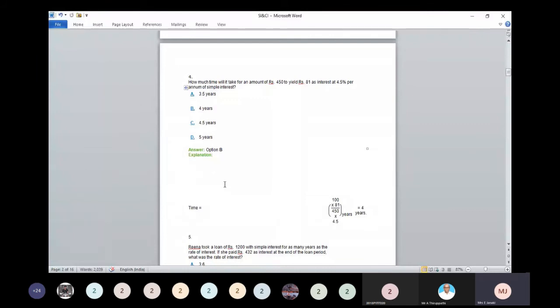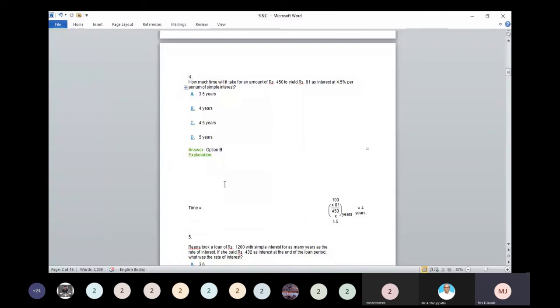So what are the things given? The amount, that is the principal value, P is equal to 450, and rupees 81 as an interest.